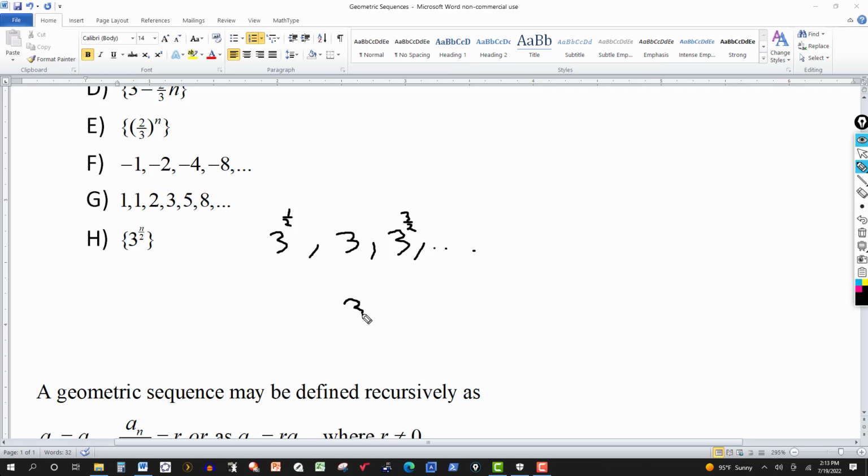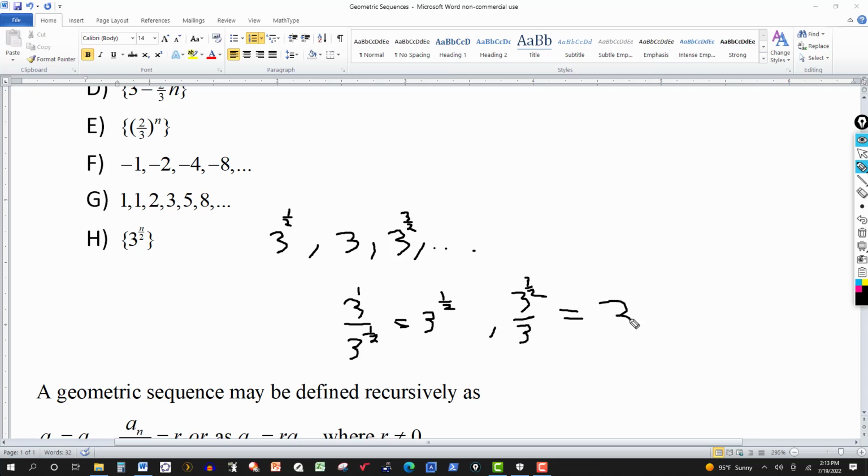Well, let's do this then. Let's test it to see if it's geometric. Take 3 divided by 3 to the 1/2. So this is a 1 here, so using your basic laws of exponents, we have 1, bring down the base, subtract the exponent, so 1 minus a half is 1/2. For the next one, 3 to 3/2 over 3.